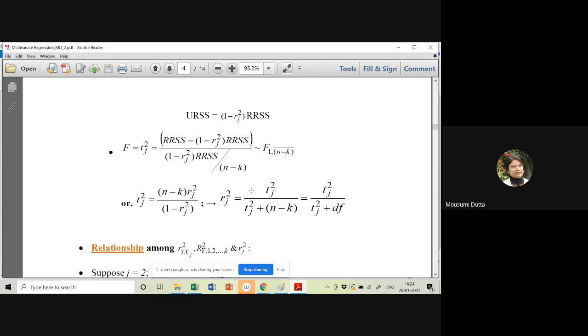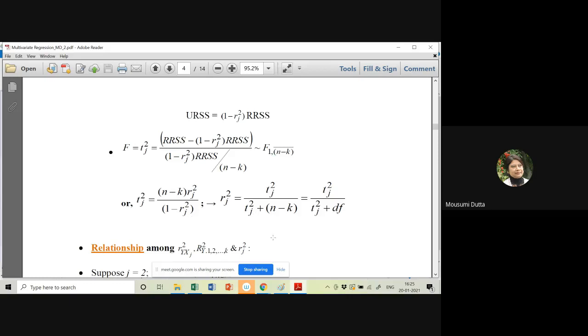Now, if you adjust this entire expression, you will find that Rj square is equal to tj square divided by tj square plus n minus k. Here t square is equal to n minus k times Rj square divided by 1 minus Rj square. Adjusting it, you get Rj square as tj square divided by tj square plus degrees of freedom.